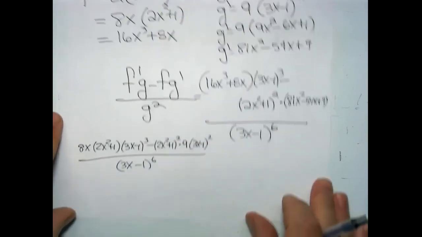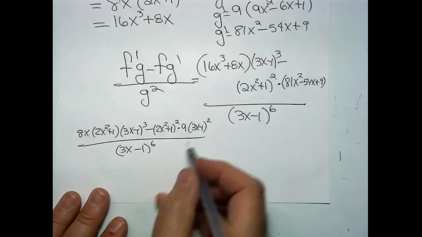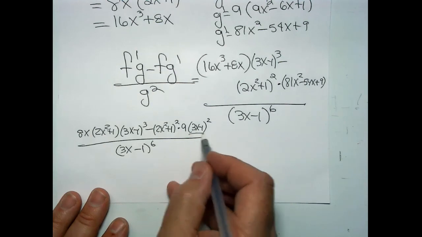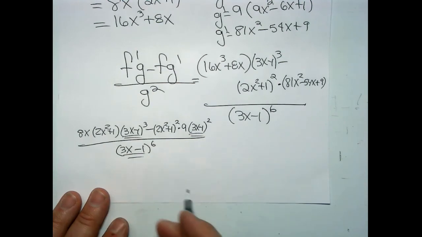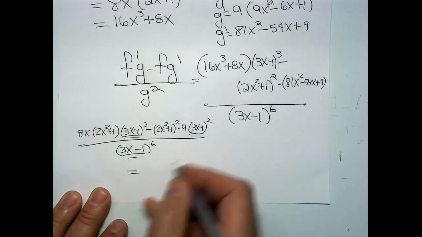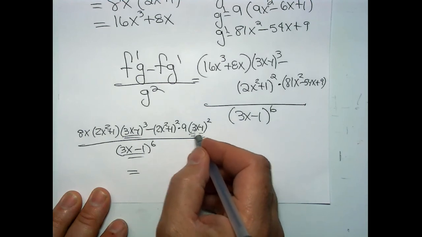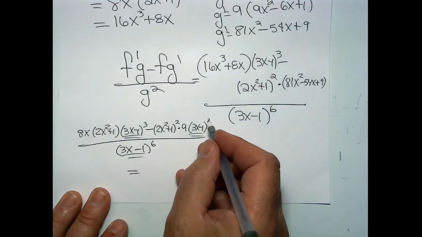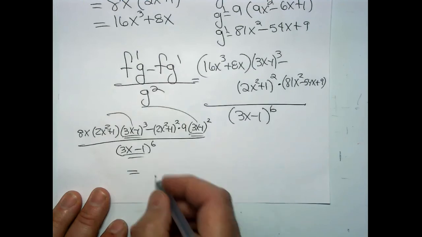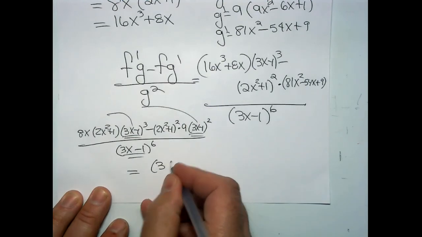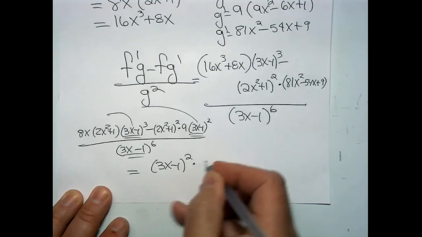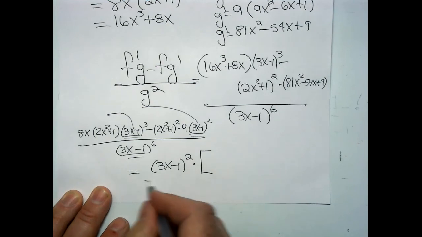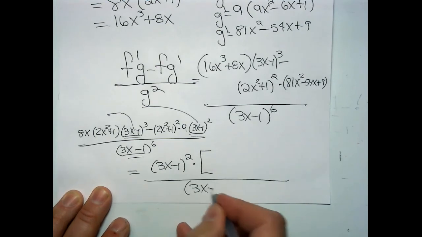I think this is better, guys, and the reason I think it's better is because, look at this. 3x minus 1 shows up all over the place. In fact, there's a common 3x minus 1 squared that can come out front. Let's rip the 3x minus 1 squared common factor out front. And look what's underneath.